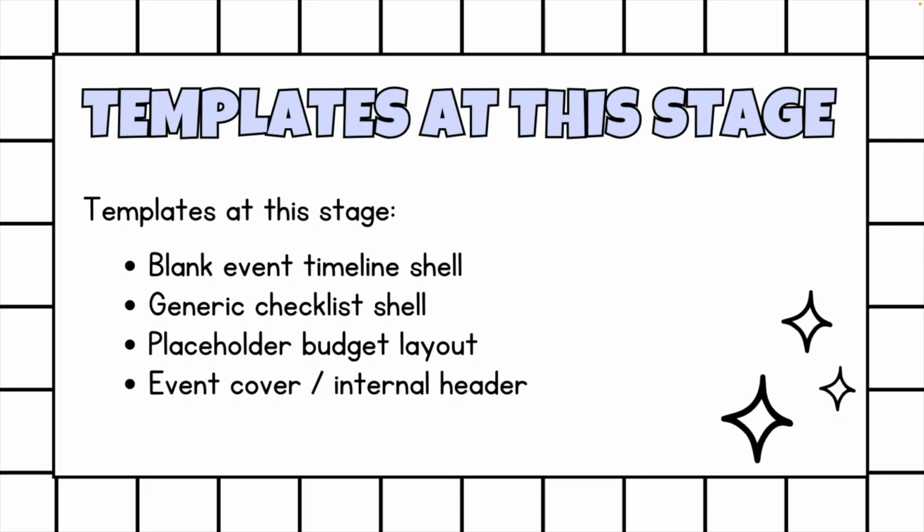Then we're going to have a placeholder budget layout, and this is going to allow you to plan and allocate resources efficiently. An essential step, in my opinion, is to stay within budget and meet financial goals. I think this is the most important thing when comparing good events versus bad events, right?